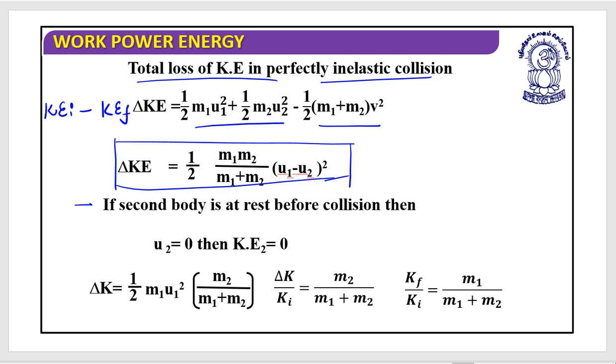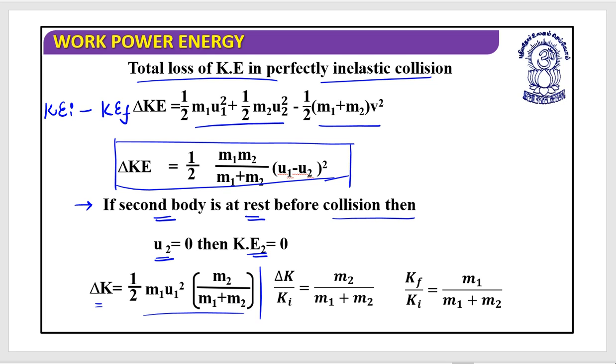Now the special case: if the second body is at rest before collision, then u2 equals 0, which means the initial kinetic energy of the second body is 0. So the change in kinetic energy is half m1 u1 square into m2 upon m1 plus m2.